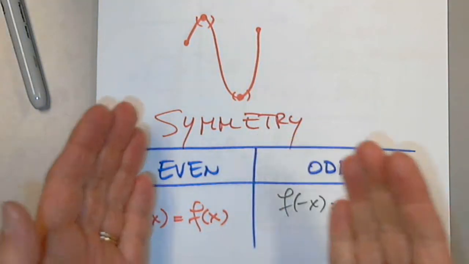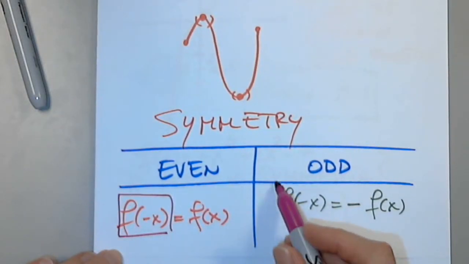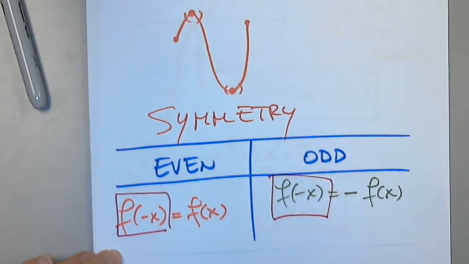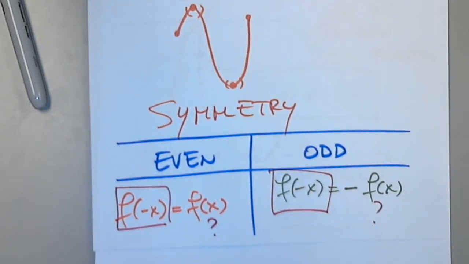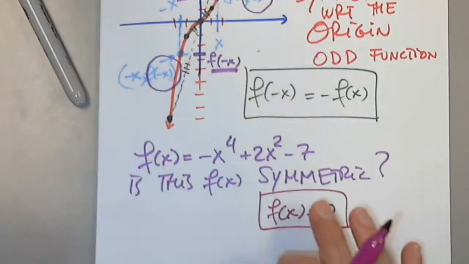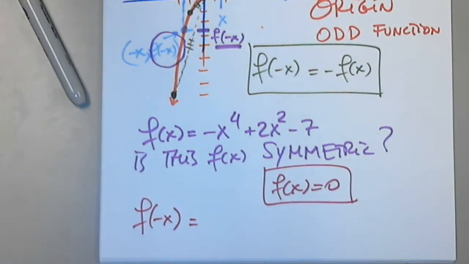What do I see here as well as here? f of negative x. Yes, and also f of x, but I can't do anything to f of x. So this is my starting point. I have to calculate this. And then I'll say, is it f of x? Is it negative f of x? Or none of the above? Very good. That's the starting point. So for this function, can anyone dictate how to find f of negative x? What do I have to write?